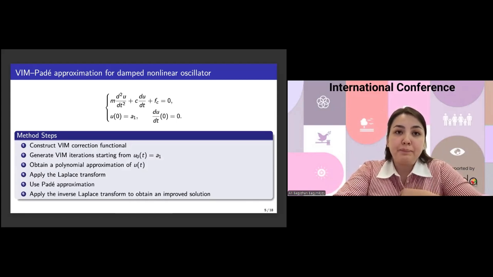After several iterations, we obtained this polynomial approximation solution, our U of t.